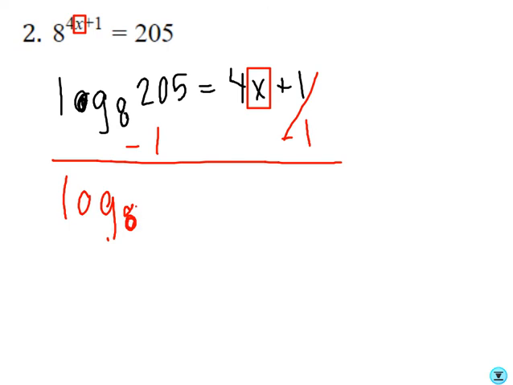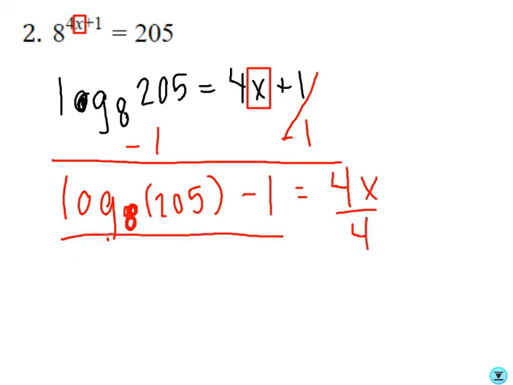Not the neatest, but hopefully you're following along. Now this 205 is already spoken for. It is with the log base 8. That is a number in itself. So subtract 1 is equal to 4x. Now, still want to get x by itself, so divide everything by 4.